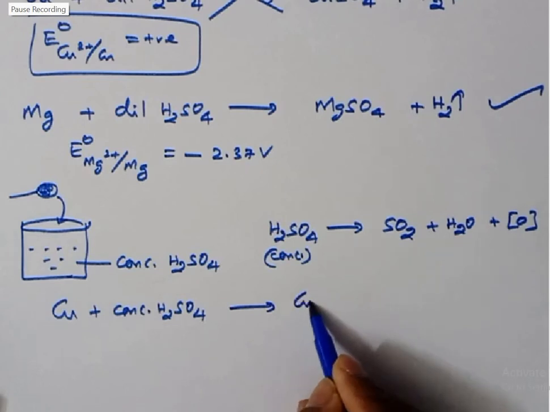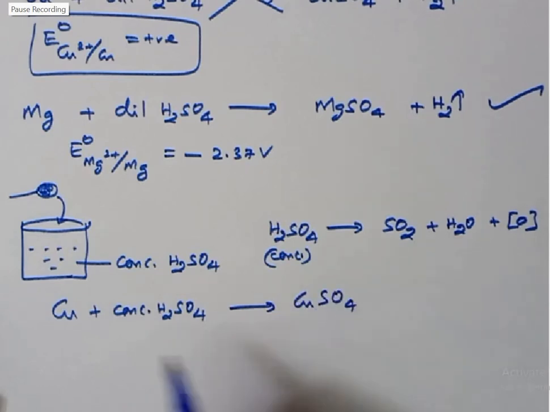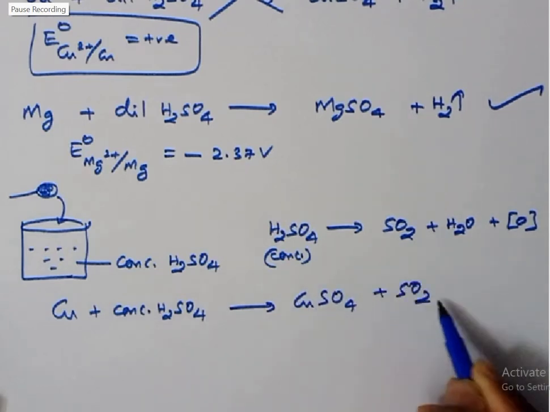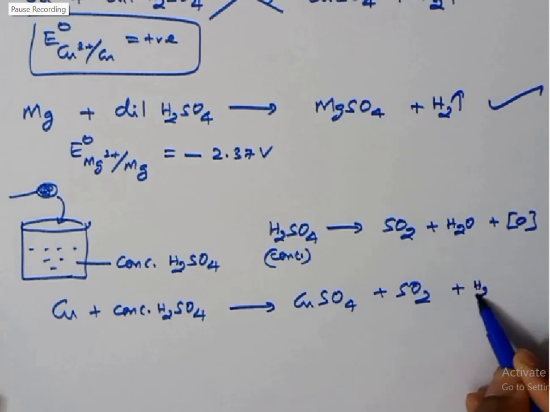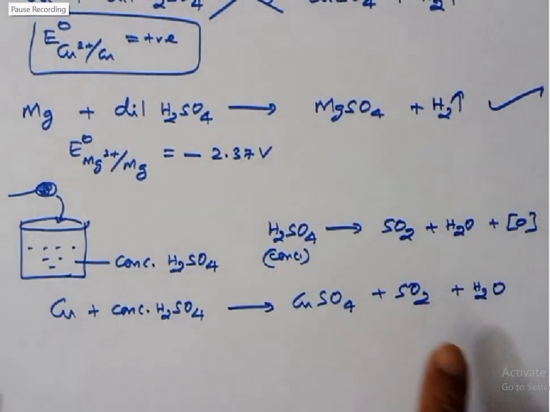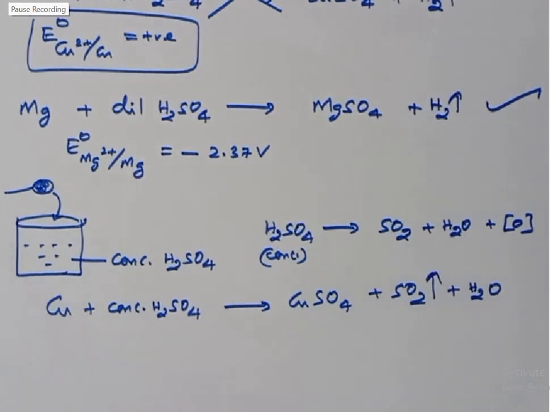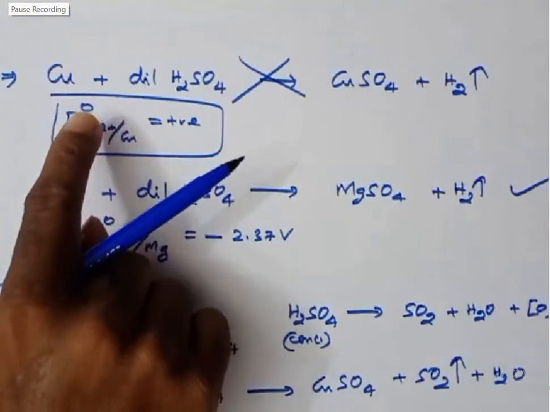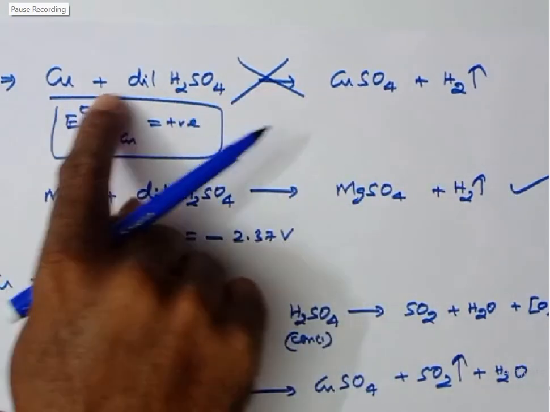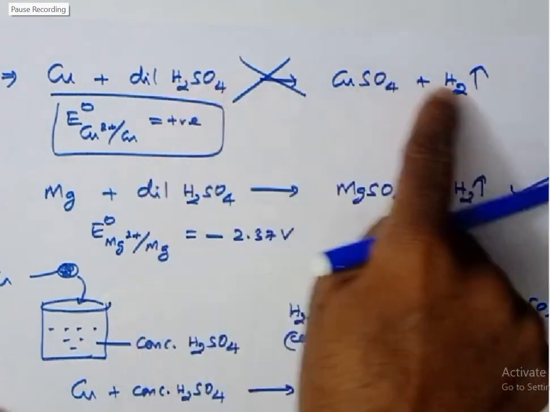That is, copper becomes copper sulfate and you will get SO2 gas plus water. You will never get hydrogen gas. See, this is very important. You will get SO2 gas instead. Try to understand what I am saying here. With the dilute sulfuric acid, copper does not displace H+ into H2.